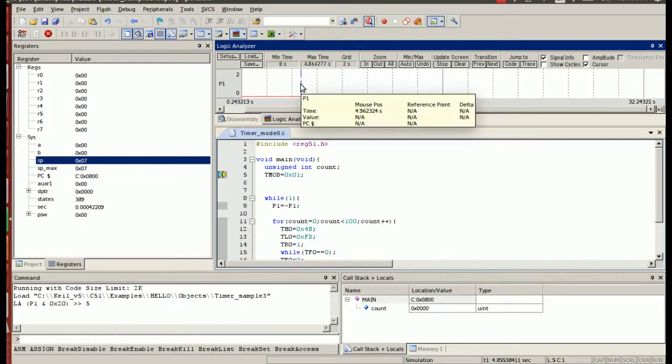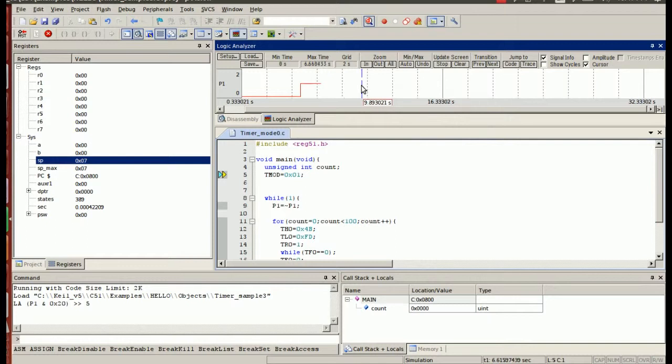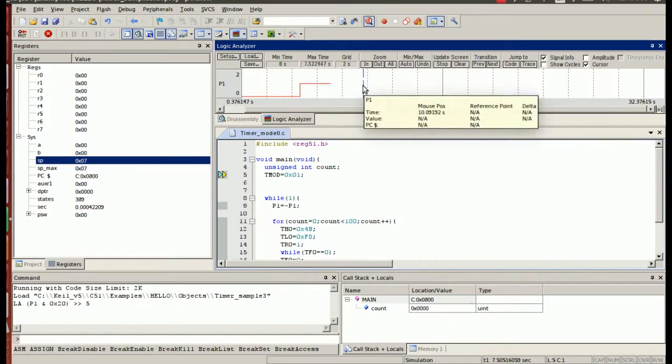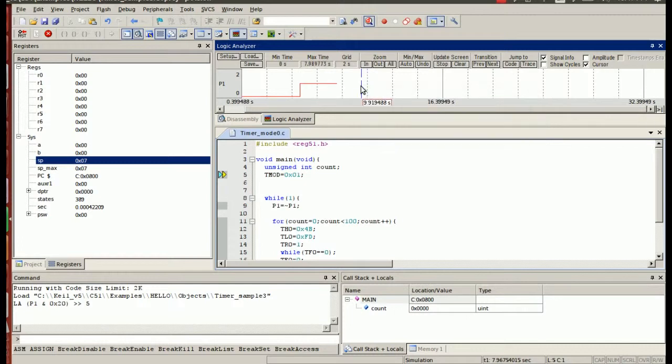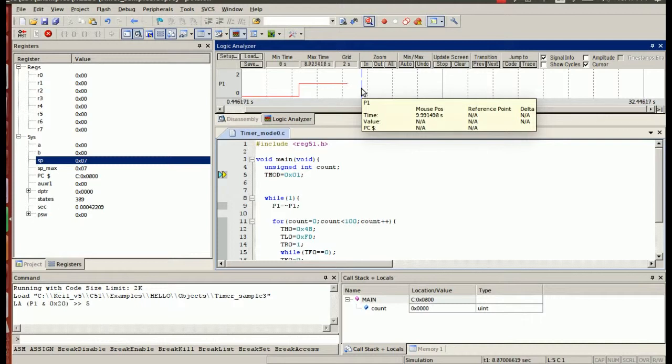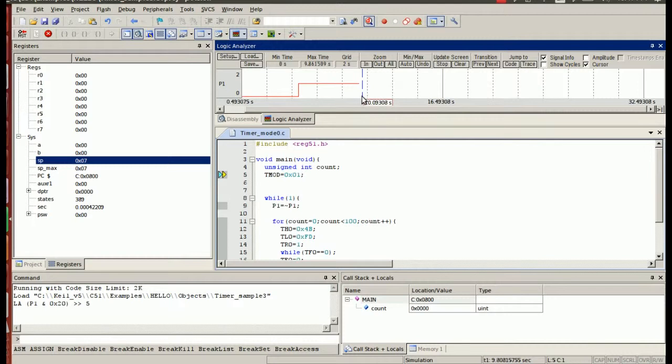So this is where the transition should happen. Yes, it has happened from 0 to 1, and the second transition from high to low should happen at approximately the 10th second. So let me go to the 10th second. Yes, the transition from high to low has happened at the 10th second.